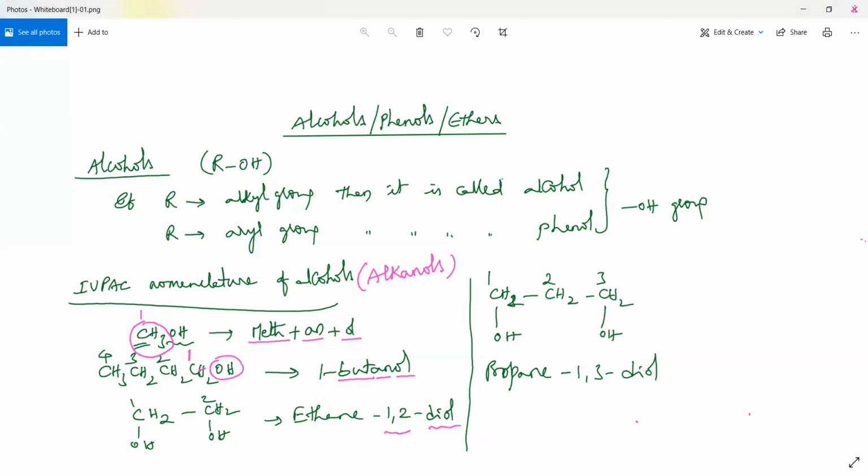Next, preparation of alcohols. Let us see the preparation of alcohols. Can you see the preparation of alcohols?